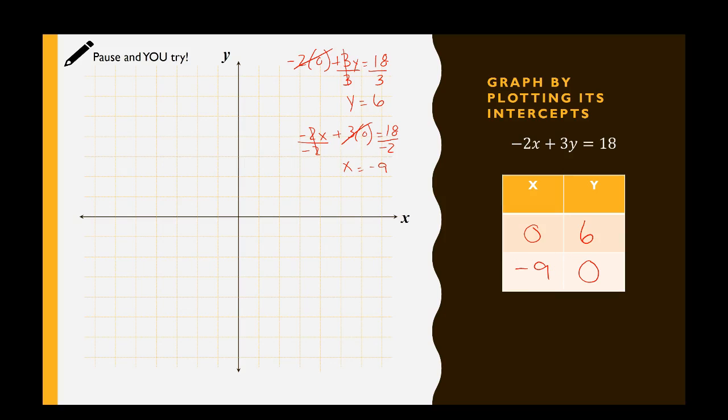All right, so that would be 6 on the y, 1, 2, 3, 4, 5, 6, that's up here. And -9 on the x, 1, 2, 3, 4, 5, 6, 7, 8, 9, it'd be about out here. Okay, another thing you could do is change the scale of it.